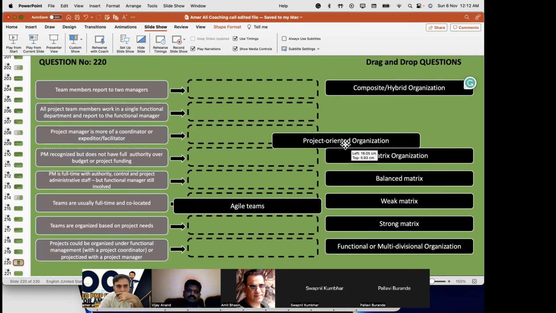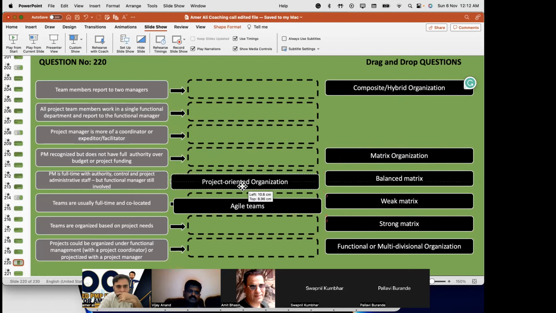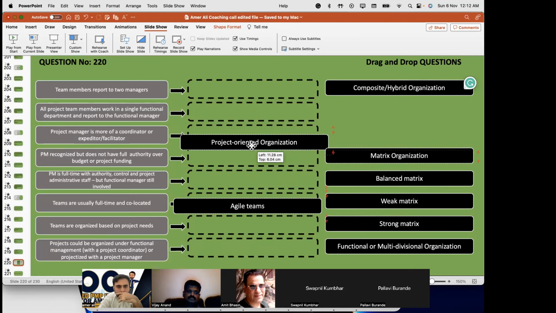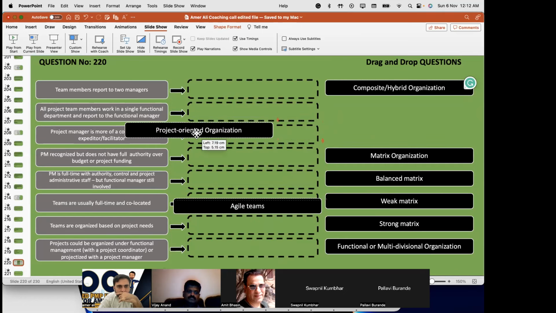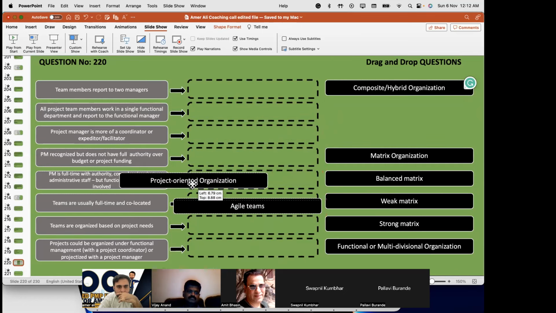And here, the middle one, PM is full-time with authority. Project manager, but the functional manager is still involved. No, wait. Here it says the functional manager is still involved, so that should be balanced matrix.